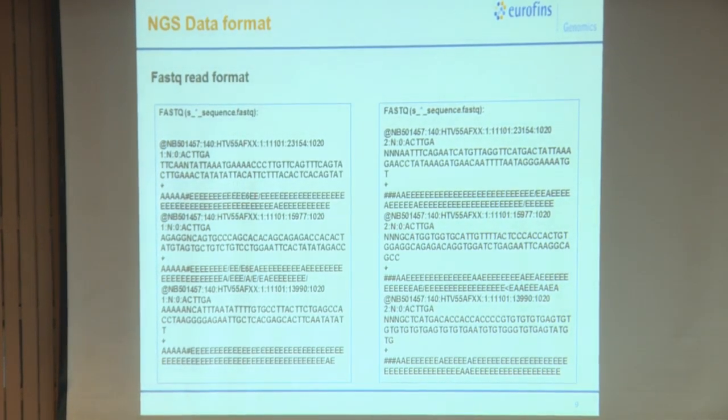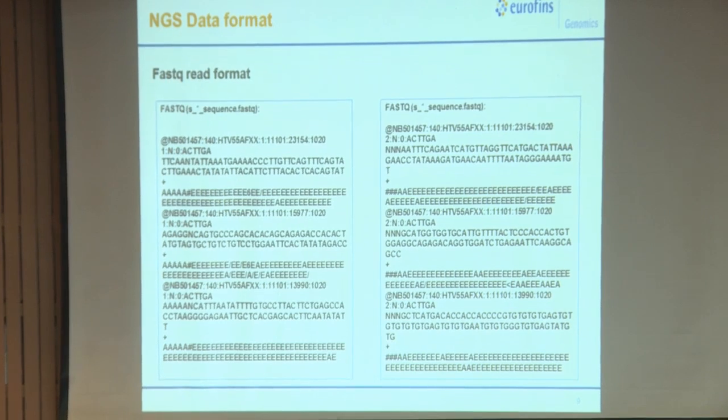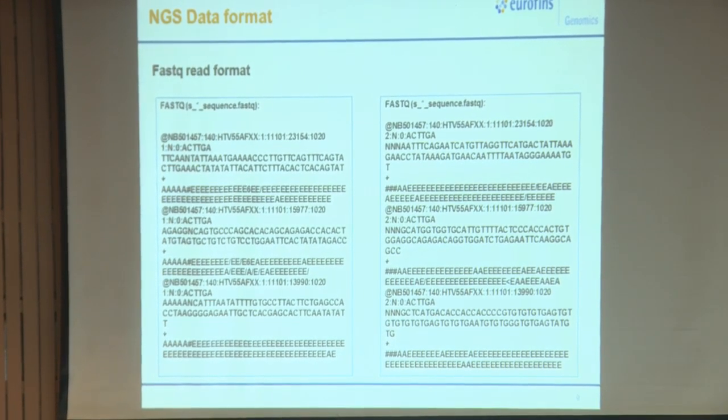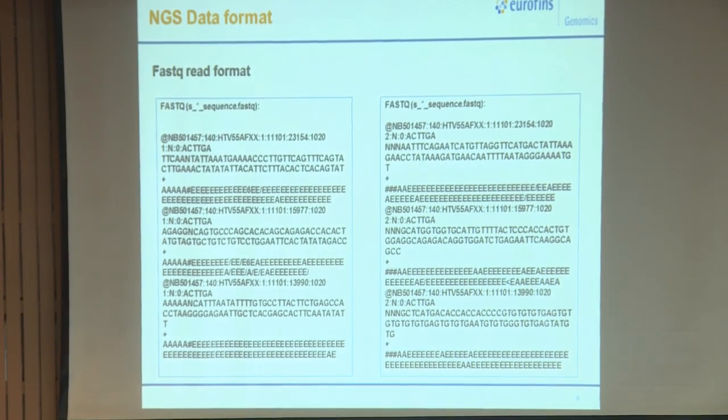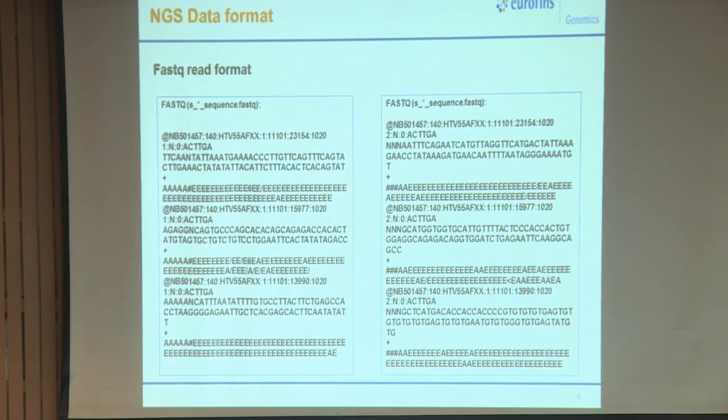So, how do we identify whether it is R1 or R2? It is usually written in the file name of the machine generated file, but still if you have misnamed, we can identify using this. This is the header of the read. This header will have your instrument ID followed by the flow cell.